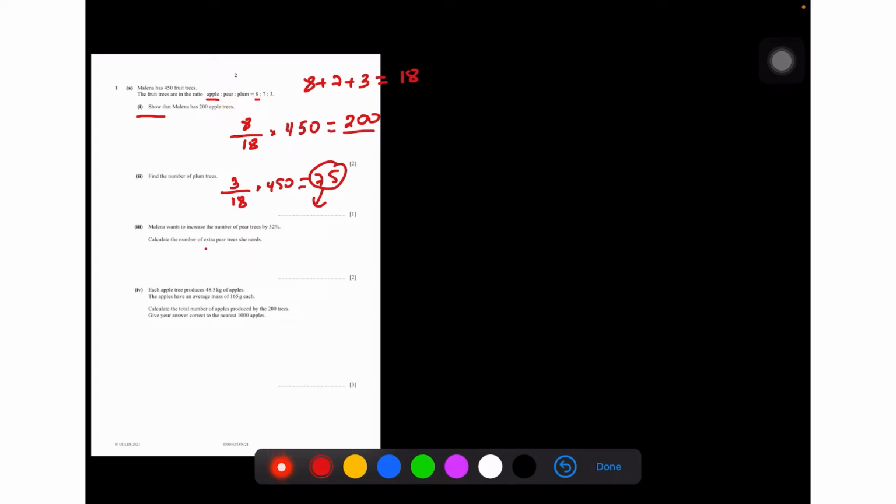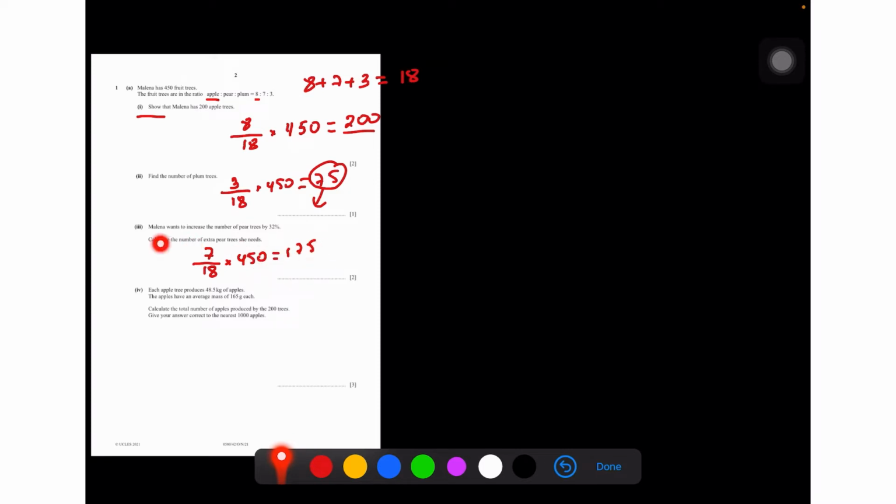So 7 out of 18 is the part of pear, and we multiply again by 450 to find the number of pear trees. 450 multiplied by 7 divided by 18 will be 175. And 175 is the number of pear trees.